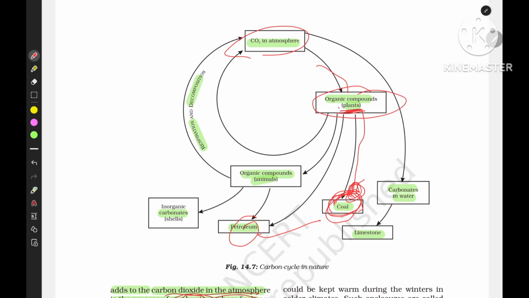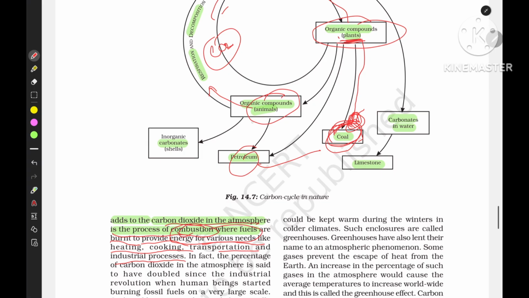Once plants are eaten by animals, they respire, and during respiration animals inhale oxygen and exhale CO2, and it goes back to the atmosphere.